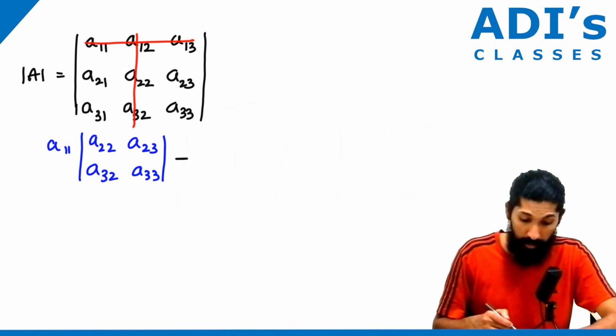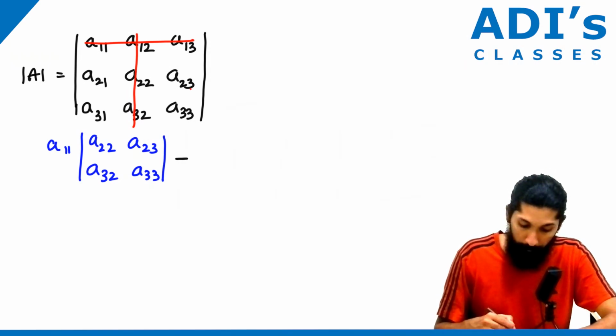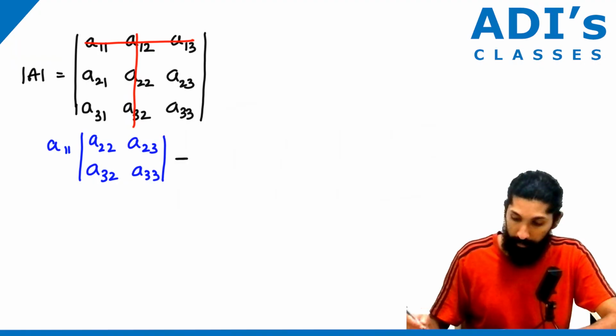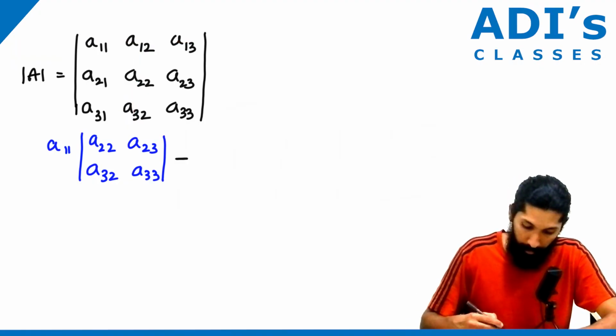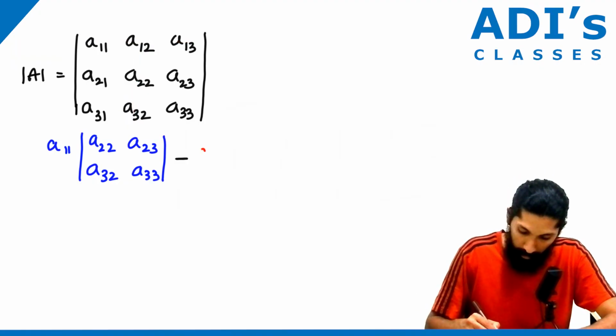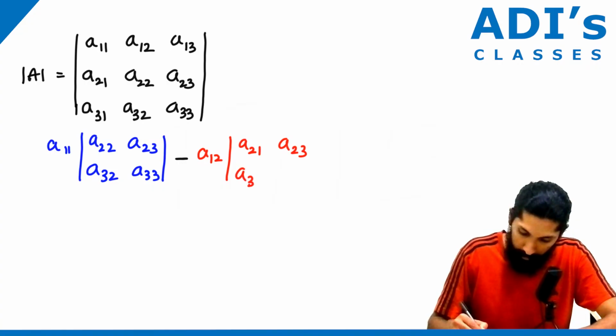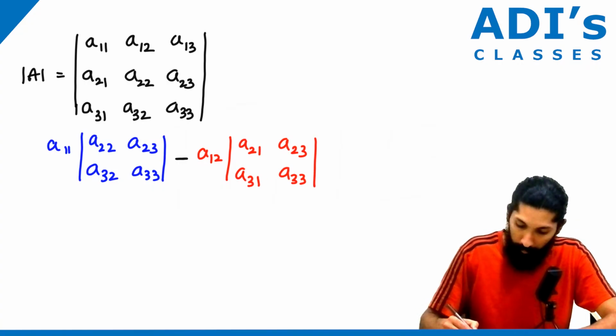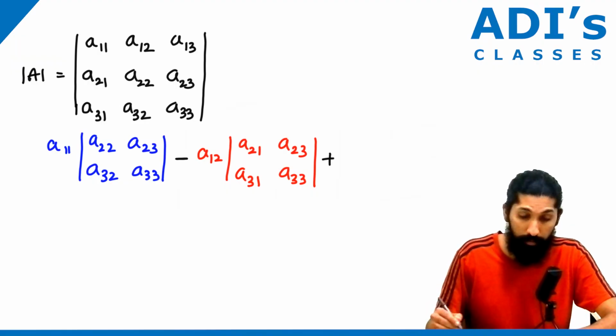See the elements? A21, A23, A31, A33. Correct? So in this case, you are going to have minus A12 into determinant of A21, A23, A31, A33. Then we are going to have a plus, alternate plus minus.